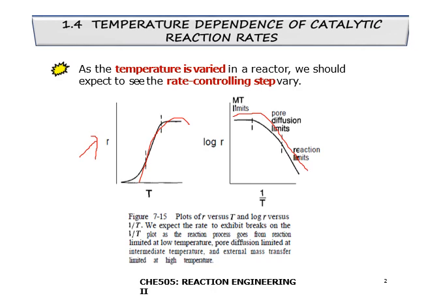So what does this mean? This figure is just to tell you that when the temperature is varied in a reactor, we can see that at every temperature range, there will be a different rate controlling step.